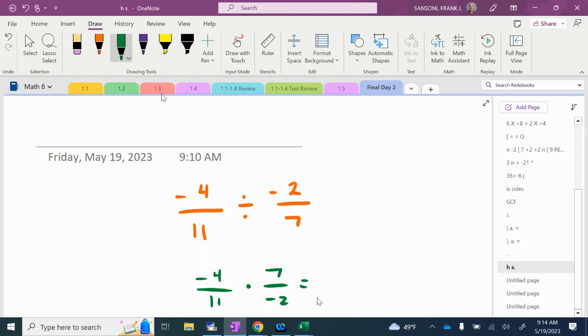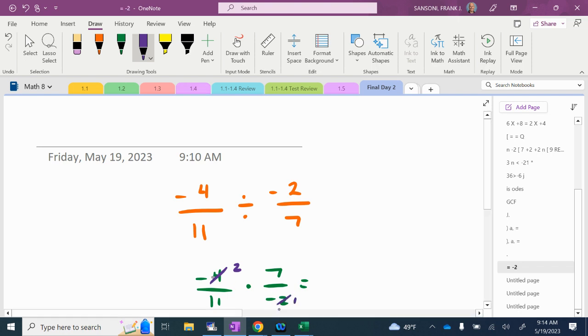We have options. We can multiply straight across and then reduce, or we could reduce first and then multiply straight across. Which one? Reduce first. So I've got a 4 and a 2. What goes into both 4 and 2? 2 goes into 4 twice. 2 goes into 2 once.